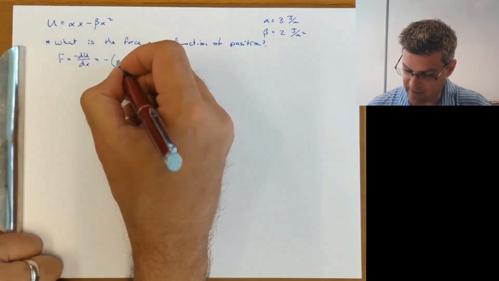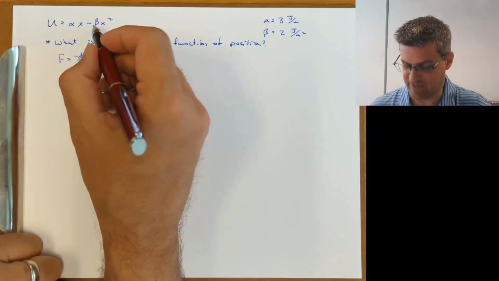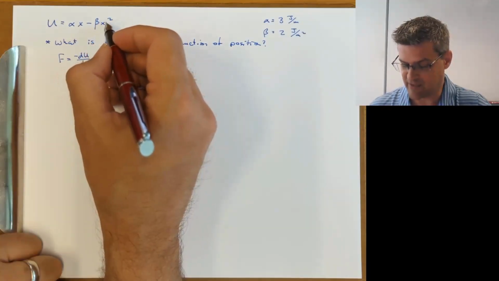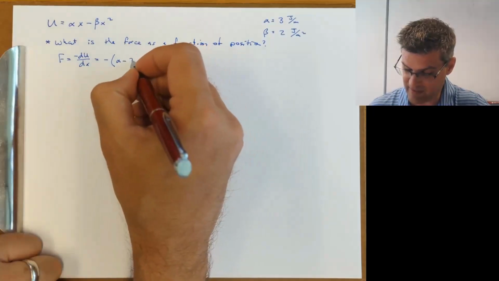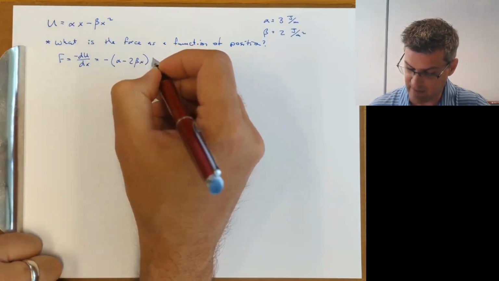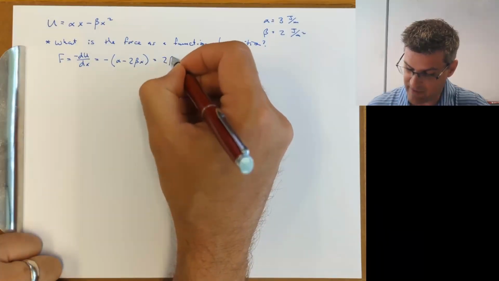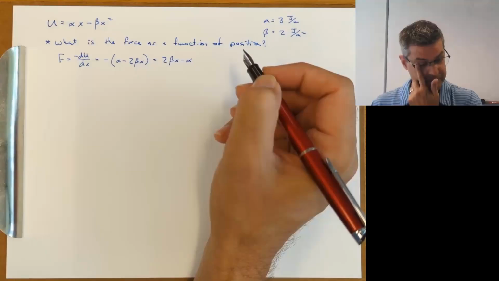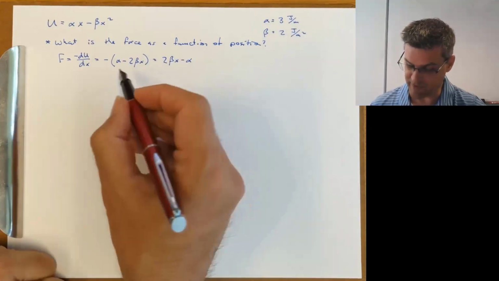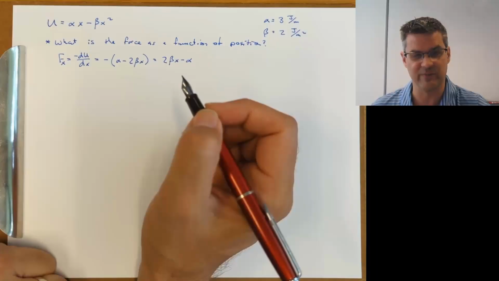And here I've got an alpha x, the derivative of this is just alpha. Beta x squared will be 2 beta x. And so if I factor that minus sign through, this is 2 beta x minus alpha. And this is what the force in the x direction is going to be.